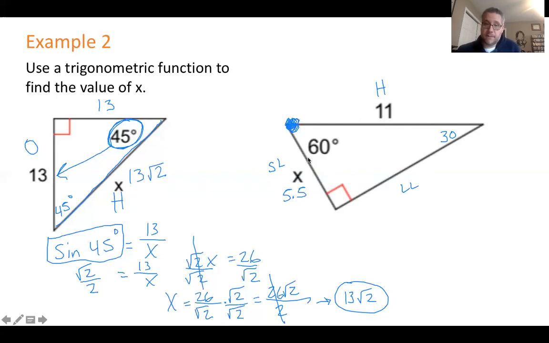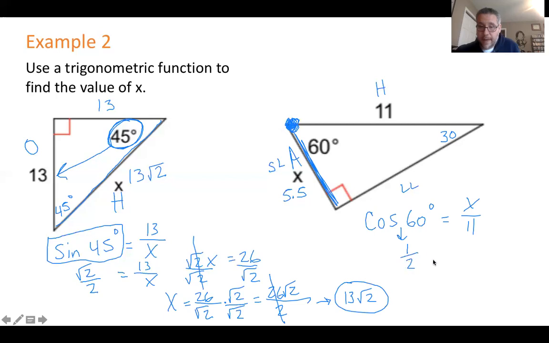If this is our reference angle, this is the adjacent because it connects to the right angle. So I'm going to mark it adjacent. And this is the hypotenuse. So adjacent over hypotenuse, that's cosine. So you can do cosine of 60 degrees equals adjacent over hypotenuse, which is x over 11. And now you can make a substitution. If you look back on the previous slide, the cosine of 60 degrees is always worth 1/2.